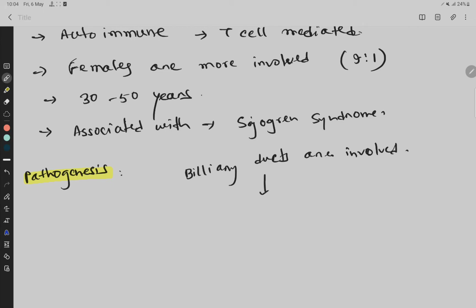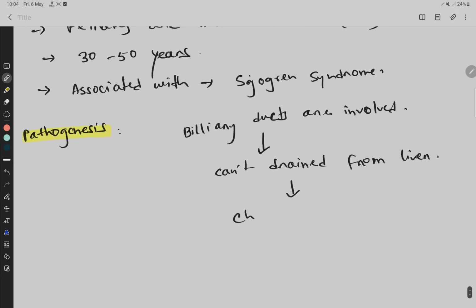So bile cannot drain properly from the liver, and that's why cholestasis happens.